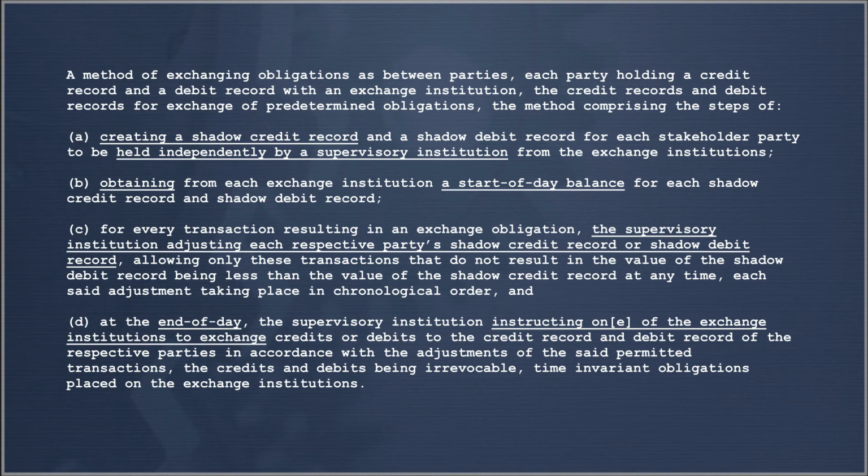The Alice versus CLS Bank claim is basically a computer-implemented version of intermediary settlement. The key elements here are creating shadow credit records and debit records with a supervisory institution. That's the third-party institution. So everybody has a set of records, credits and debits, with a particular intermediary.